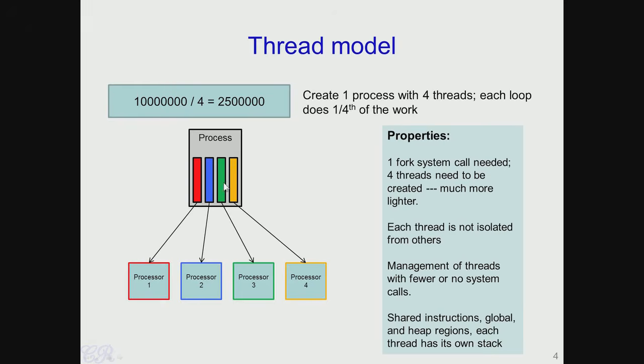Each of these threads will be able to use the stack to create local variables, as well as to store information about function calls and so on. Further, management of these threads, for example, waiting for another thread or exiting a thread, may not require system calls. So, what we will see now is these threads in more detail.